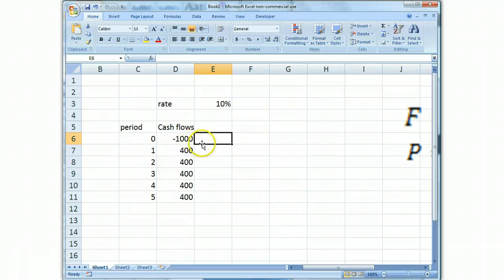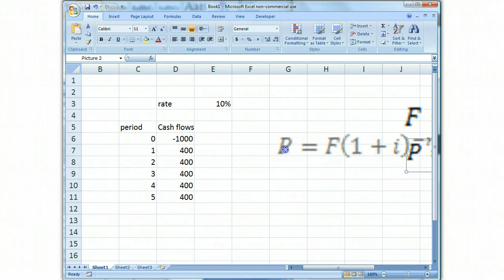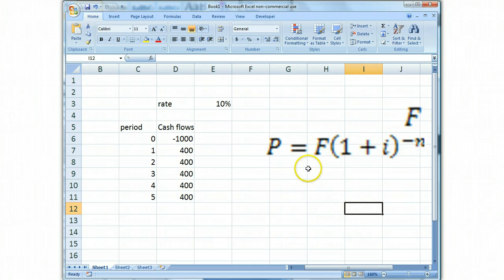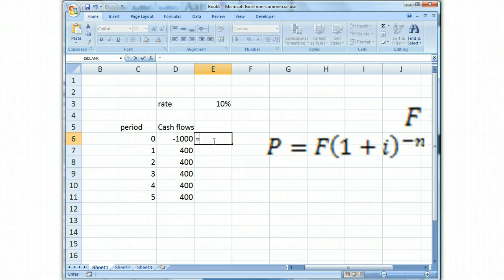So by the fact that we have this formula here to compute a present value, what we need to do is we need to bring each one of these cash flows to the present depending on when they happened. So the first one would be just negative 1000 divided by 1 plus the interest rate, and I'm using an absolute reference so that when I copy that, it will always make reference to the same cell, and that should be raised to the negative 0.